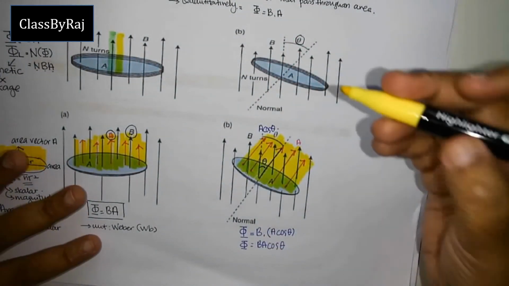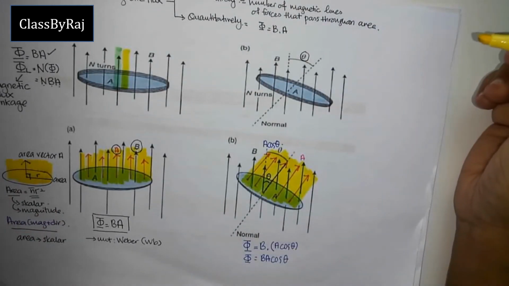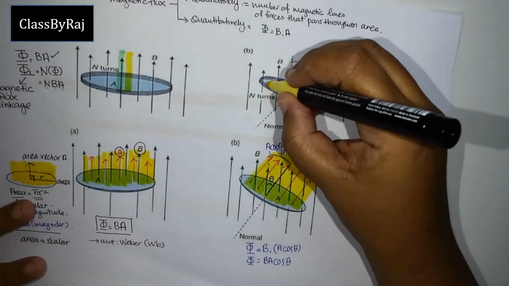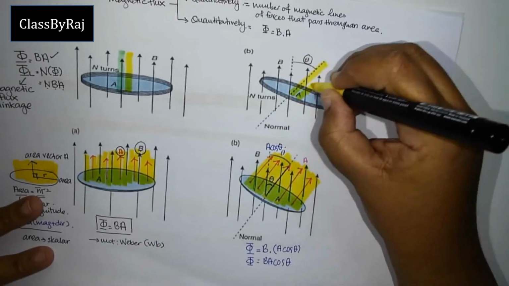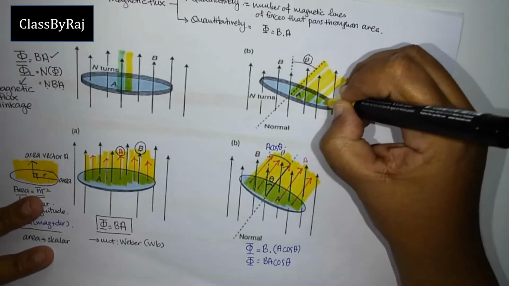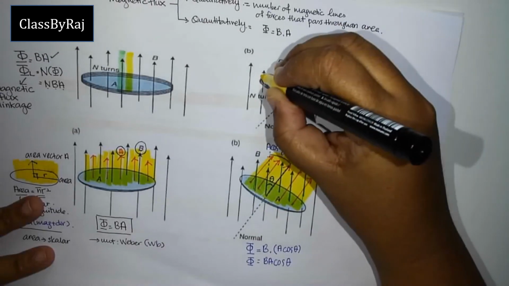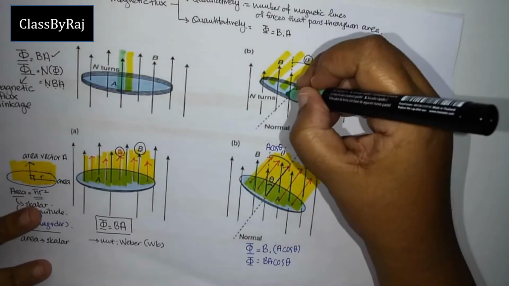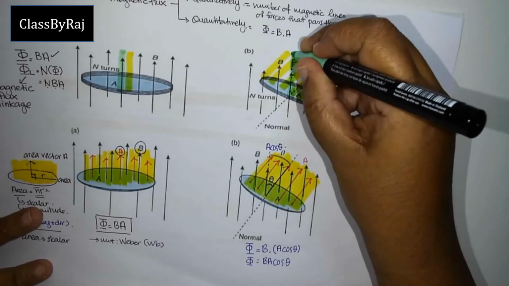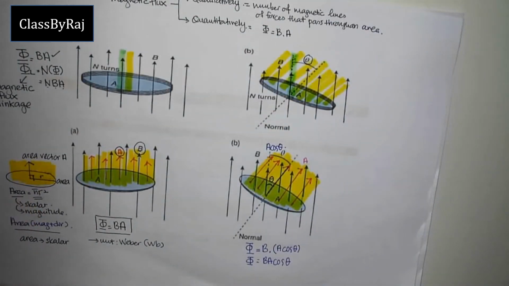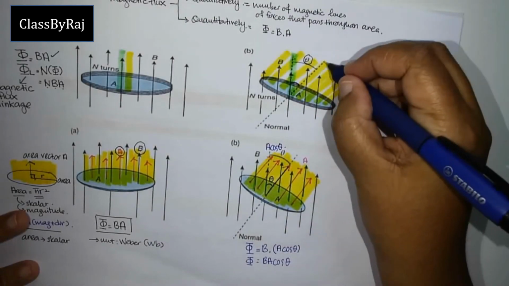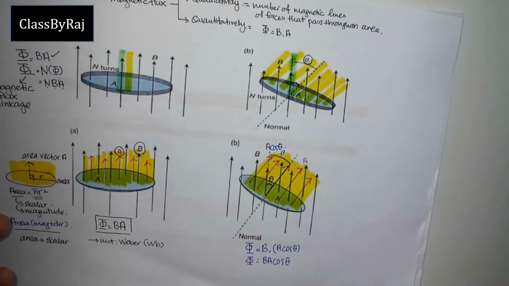First we find the vector area, which is in this direction, and the magnetic field is in this direction. So there's an angle of theta between the area and the magnetic field.